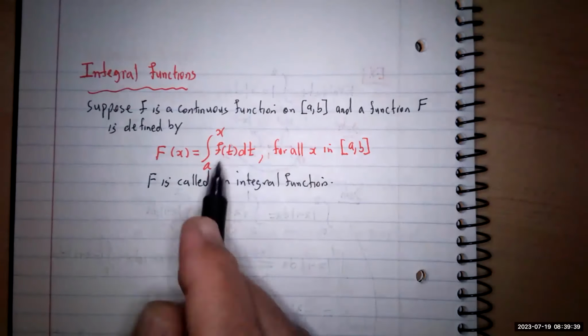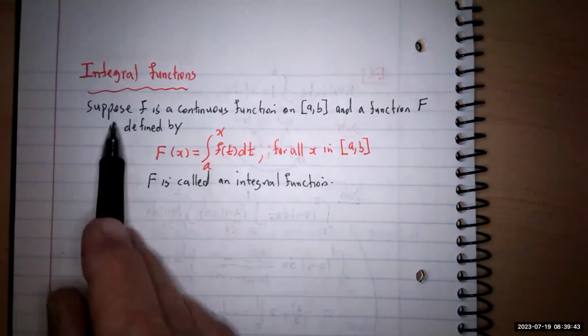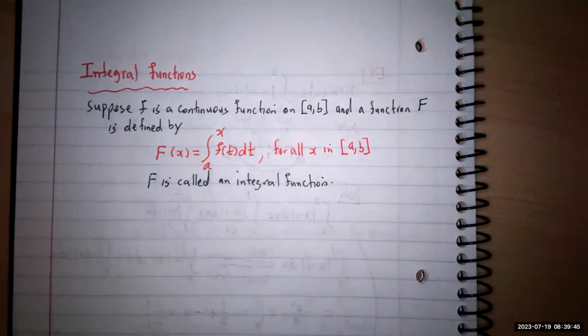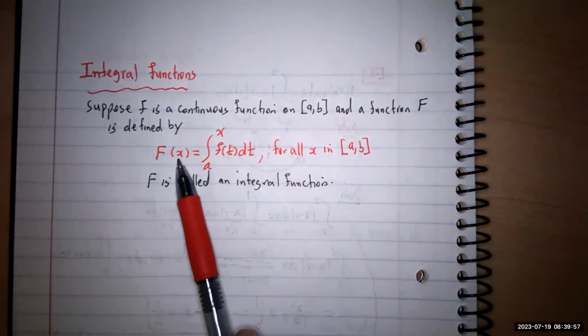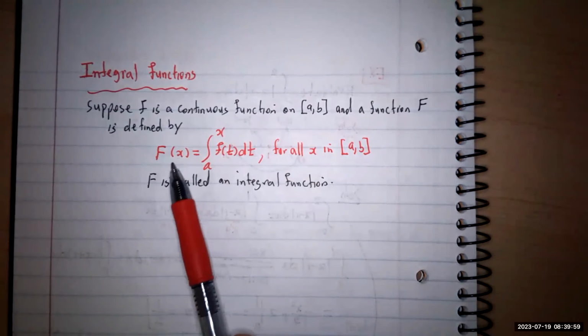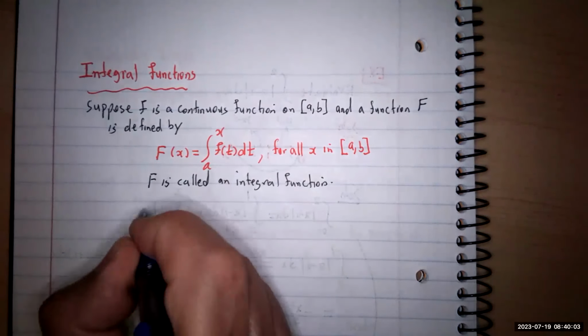Of course, this function is such that you may not be able to find the integral, but since your function is continuous, you know that it always exists. So they refer to this one as an integral function. The first observation: if you replace x by a, what is F of a?